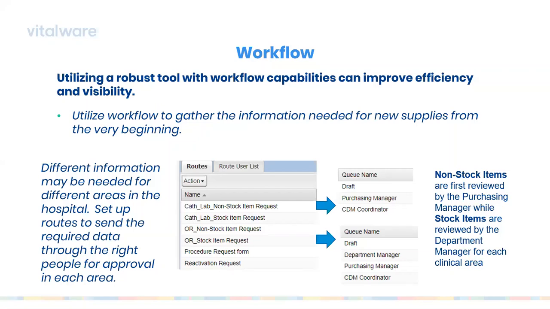So it kind of gets a 4-phase review, whereas the non-stock items just get a 3-phase review in this particular example that we've got here. We've also separated some areas because they're different people. So the OR department manager is probably not the same person as the cath lab manager. And we want to run these by the right people so that you get the right information and everything is appropriate from the start.